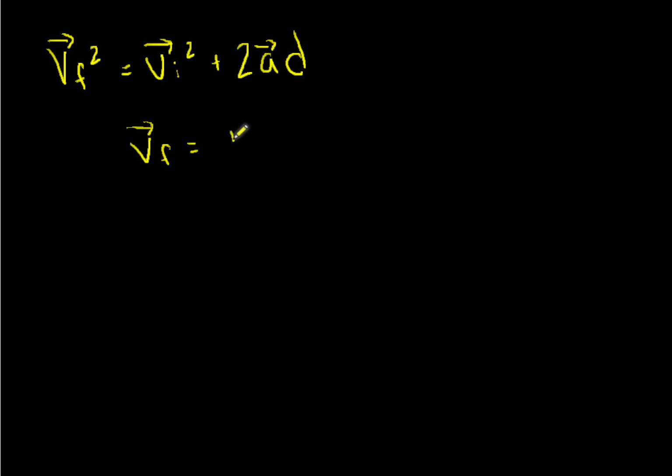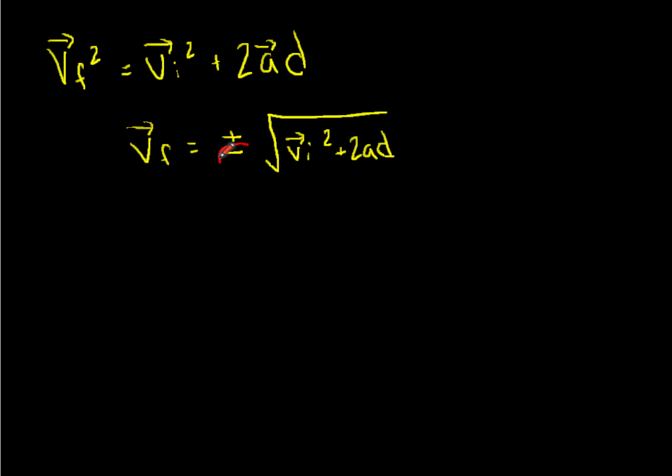So let's start with step 1, finding Vf. Vf squared equals Vi squared plus 2ad. So Vf equals plus or minus the square root of Vi squared plus 2ad. We have to be careful with this plus or minus.